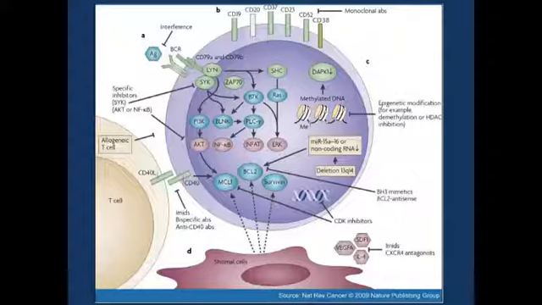You may have read in the Times or the New England Journal in the fall about a really pretty spectacular study in which patients' own T cells were transduced with a lentiviral vector to express a T cell receptor that could recognize CD19. And these were reinfused into the patient.